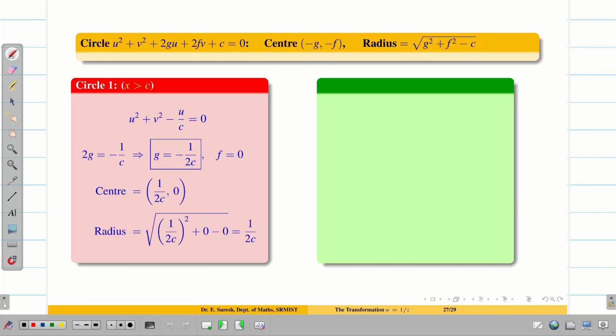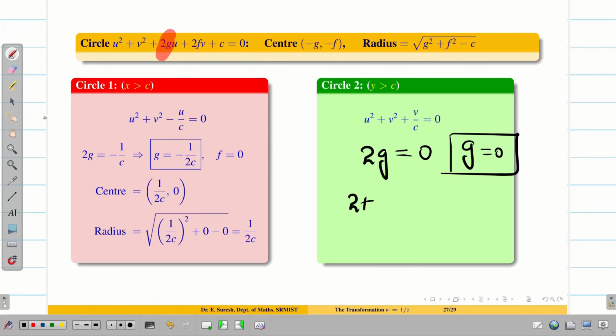Here we have to deal very carefully. I am taking the equality. Same thing, comparing the coefficients of u in the general equation, we have 2g. Here no u term, so it is 0. So I get g equal to 0. Next, comparing the coefficients of v, we have 2f in the general equation, 1 by c here. So f is equal to 1 by 2c.